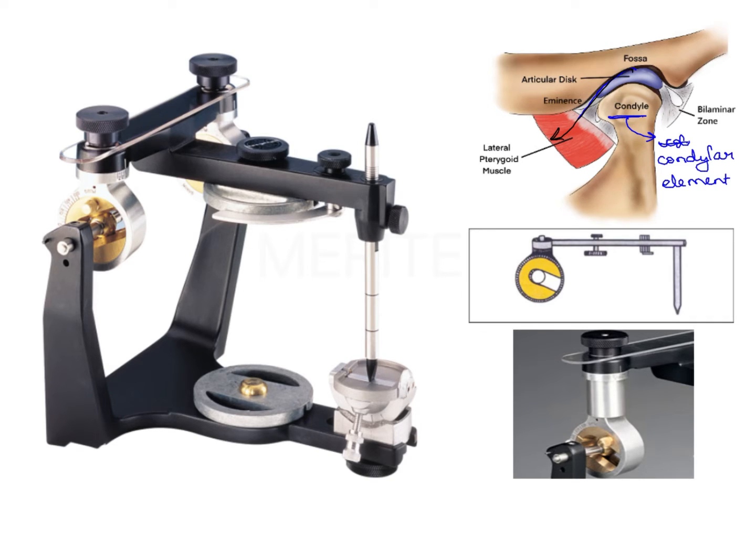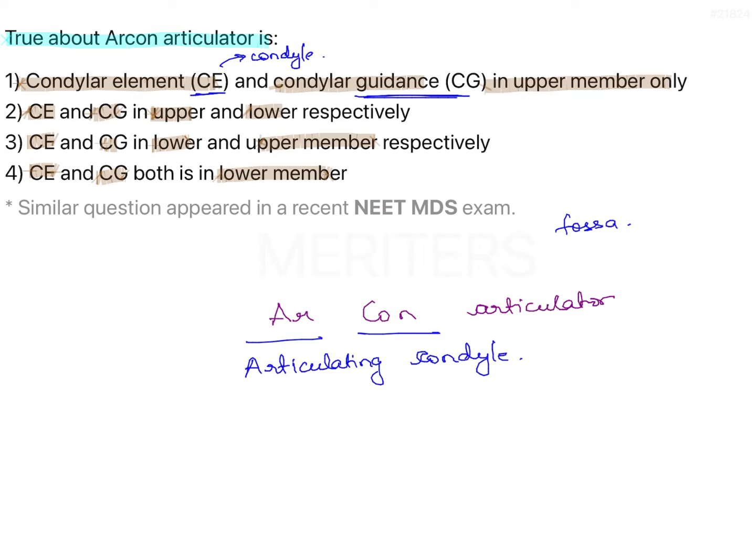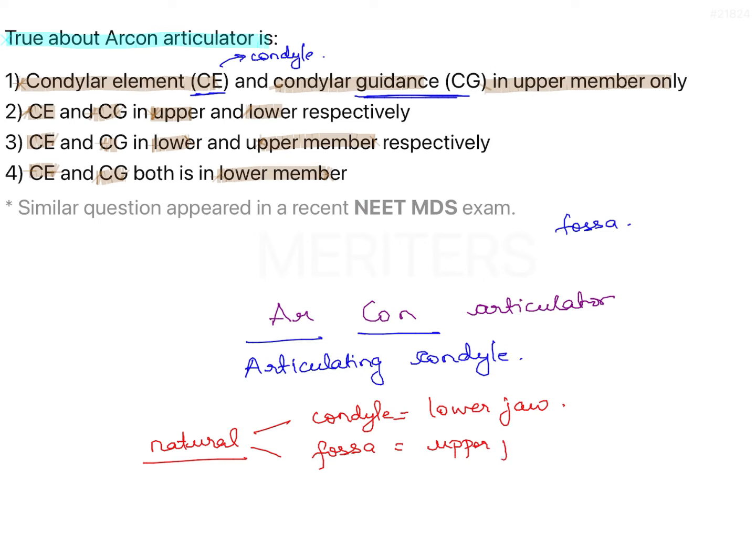Let me highlight it. This part, the part of it that replicates it in the articulator is called the condylar guidance. Okay, so in our natural dentition, in our natural anatomy, the condyle is in the lower jaw and the condylar fossa is in the upper jaw, or rather the temporal bone.